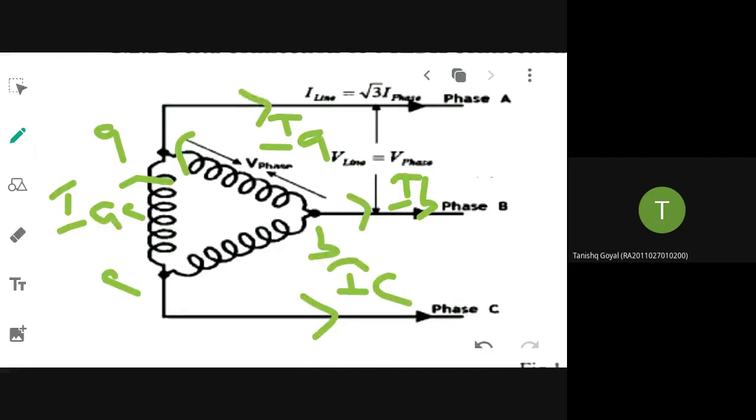This is what current? IAB. This current is, I think, IBC. So from looking, are they equal? No, ma'am. IAC, IAB, IA.